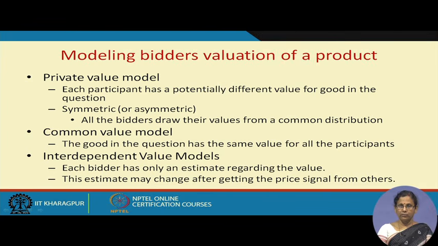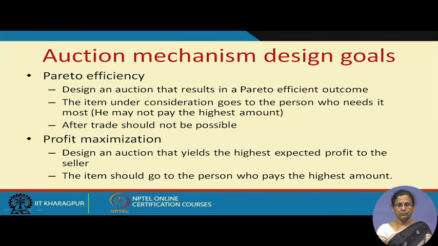I will be thinking probably the value of the item is a little bit more, so accordingly I will start increasing my bid. In such a situation the bidding behavior is modeled as an interdependent value model. Here each bidder has only an estimate regarding the value. This estimate may change after getting the price signal from the others. This is what I was telling you.